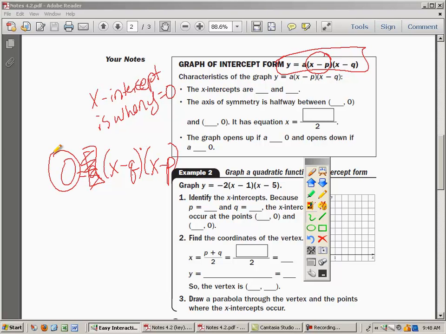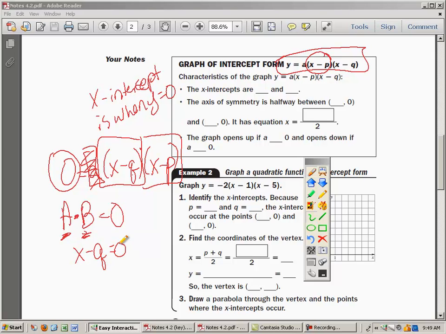Well, let's say, for example, a times b is equal to 0. In order to get a product of 0, that means that either a is 0 or b is 0, right? So the only way we're going to get a product of 0 is if one of these two numbers is a 0. Well, we're going to use that same idea, and instead of using a number, we're using what we call a factor. We're saying, look, this will equal 0 when either x minus q is 0 or x minus p is equal to 0.